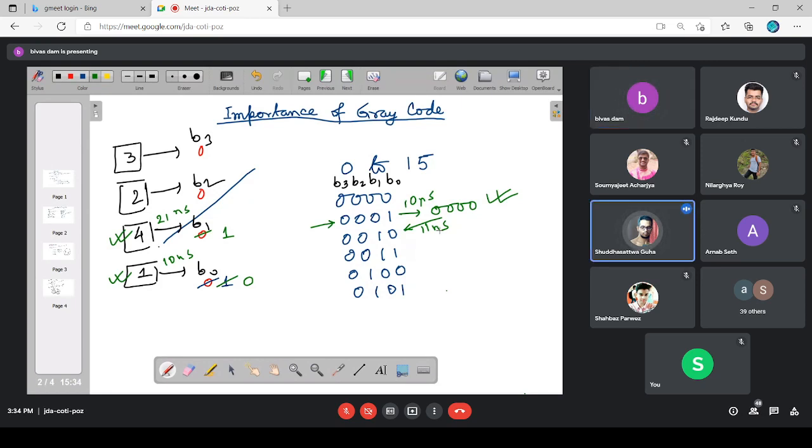When time comes, we'll have a look at those output levels also. Don't worry. After 2, what will happen? Is the delay of the B2 and B3 circuits so much that it is coming later on?